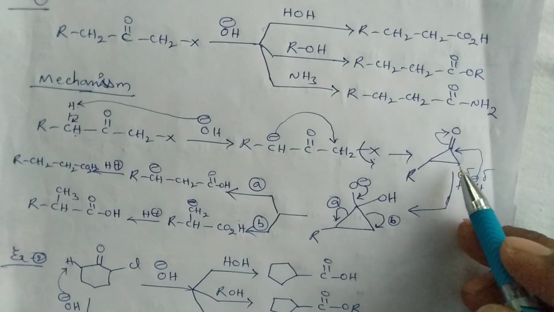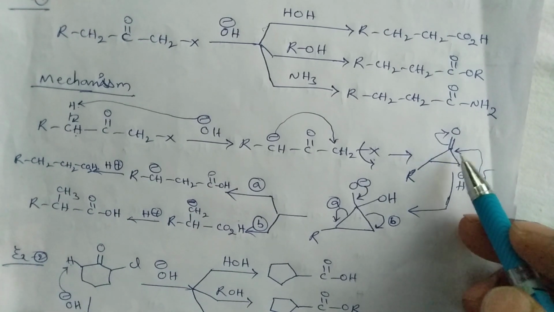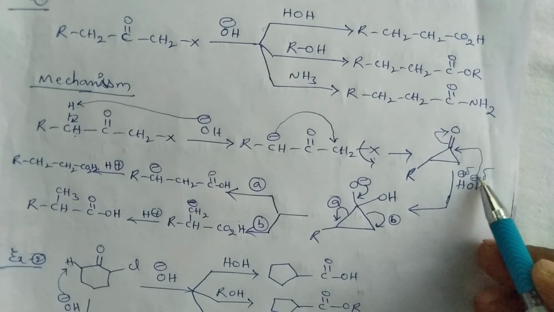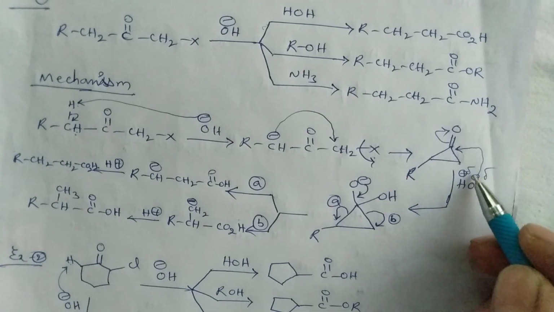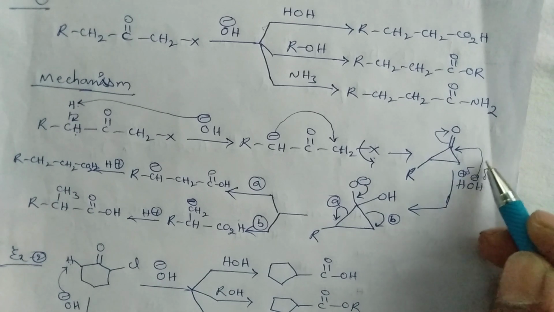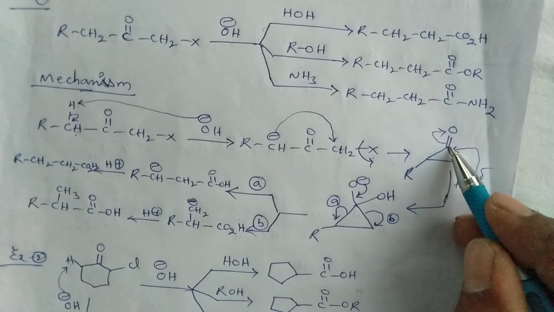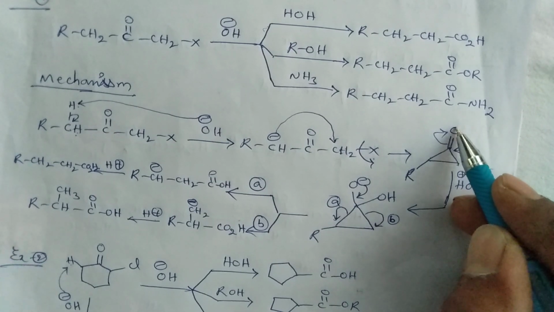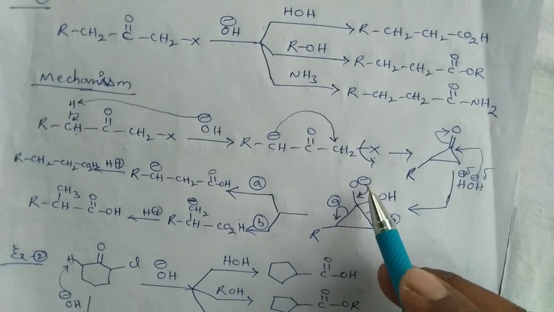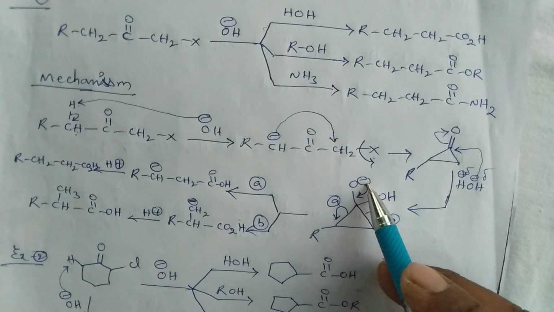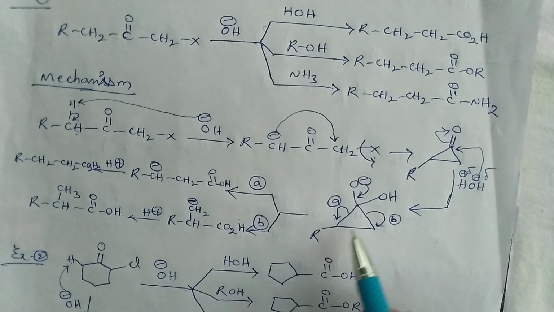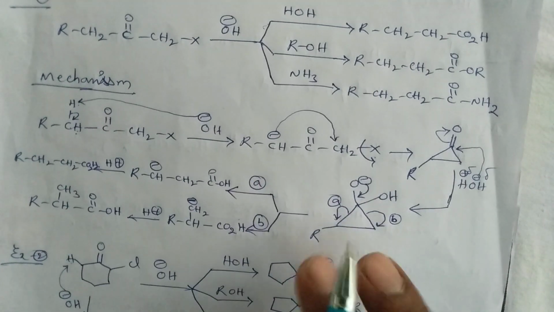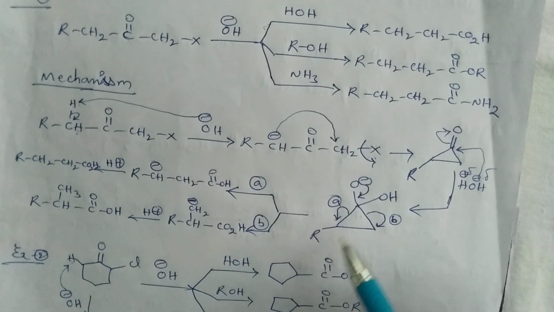a cyclic ketone molecule, which then undergoes hydrolysis. When it is treated with water, first the OH minus ion attacks this carbon center, then the bond pair electrons shift to oxygen, and the oxygen gets a negative charge. When this negative oxygen undergoes rearrangement, there is scope for a ring opening reaction.